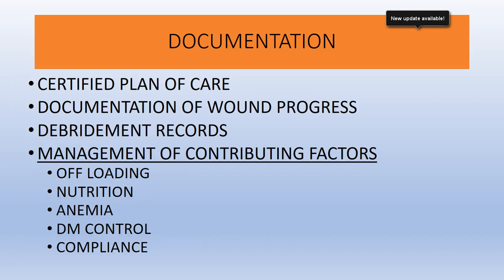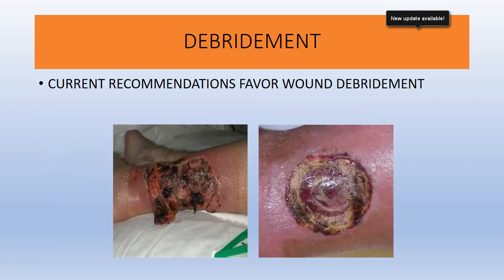And lastly, management of contributing factors. What are you doing about such things as offloading, correction of systemic factors such as diabetic control, anemia, nutritional considerations, and addressing whether or not the patient has been compliant.